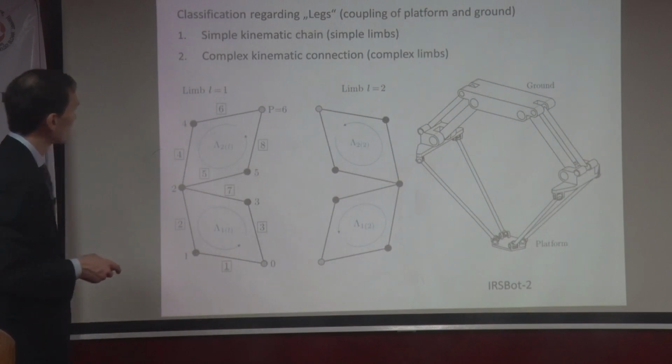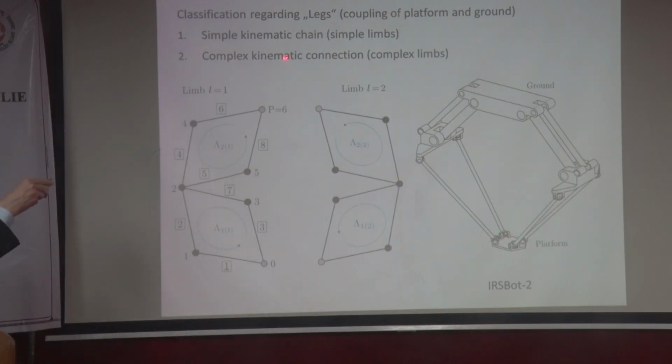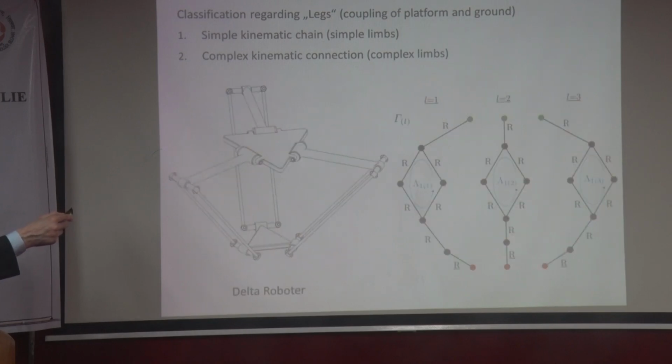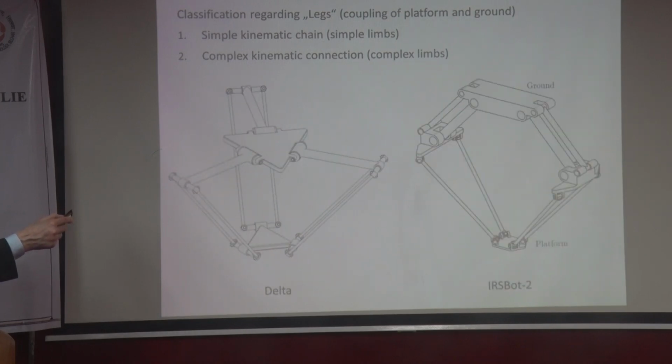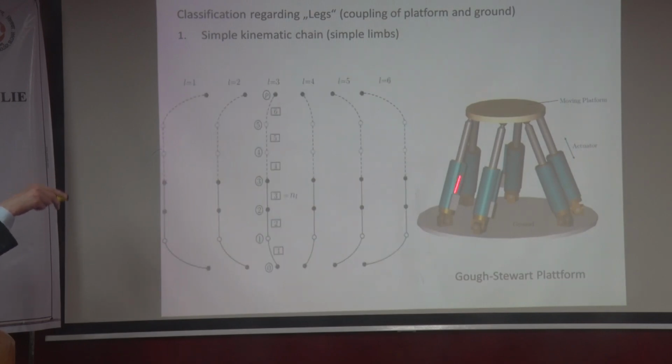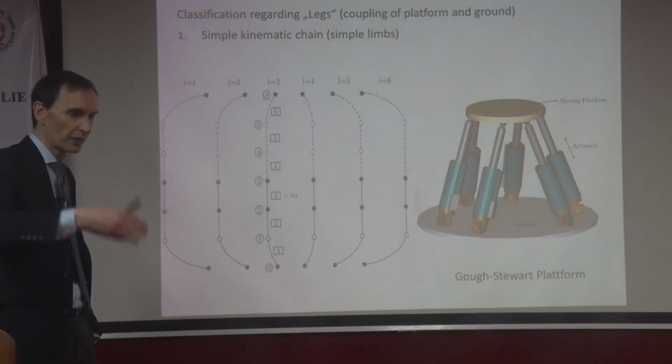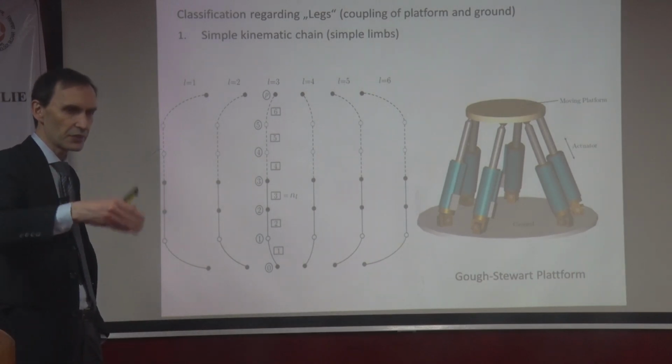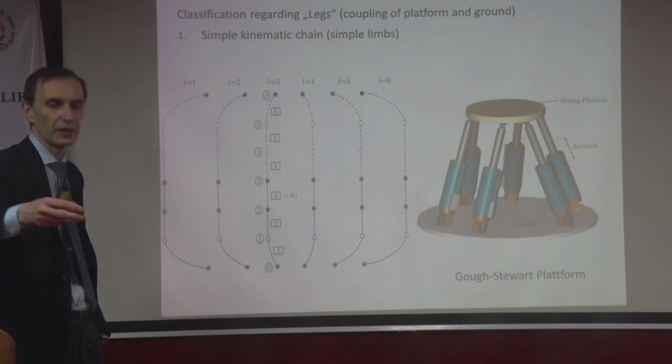Yes, and maybe the terminology, and this is why we call them complex kinematic limbs, or complex kinematic connections. In contrast to this one, for example, it's not a simple kinematic chain. In mechanism theory, they call it a simple kinematic chain if you just have link, joint, like a serial chain, right?